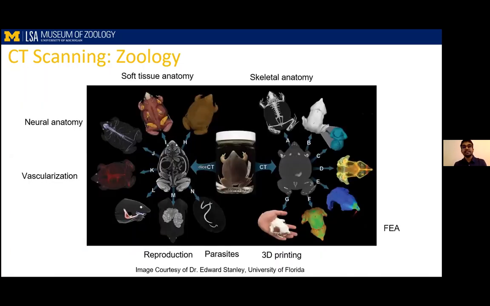But beyond just the skeletal structure from a single specimen, depending on the scanning modality that we choose to go with, we can get data on its soft tissue anatomy, neural anatomy, vascularization, reproduction, even things like parasite load. Of course, we can take these data and 3D print replicas of our specimens, which can be incredibly useful for education, outreach, and of course, research.